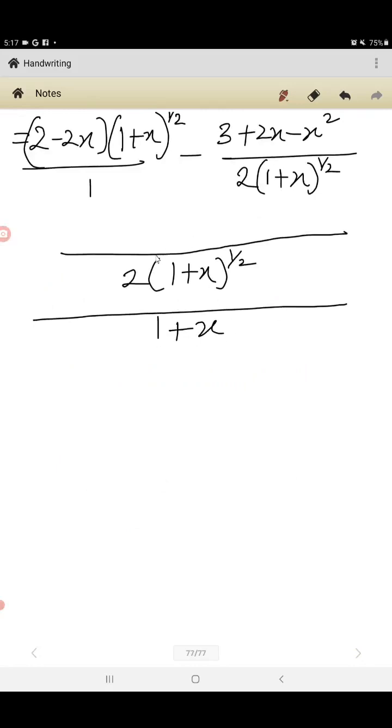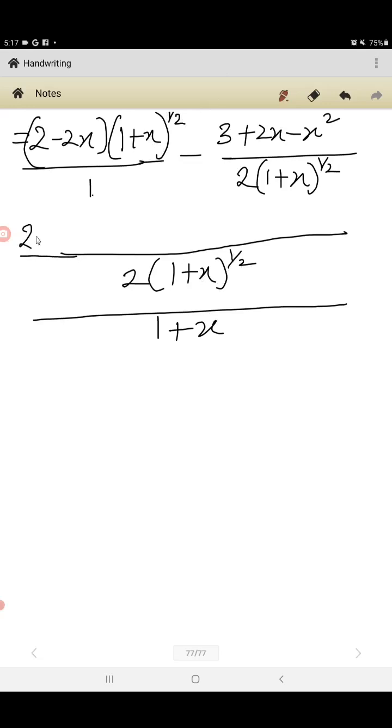So now, you do it one by one, you discover that if 1 divided by this gives us this, therefore, by the time this will multiply this half, this half will now become 1. That is all.